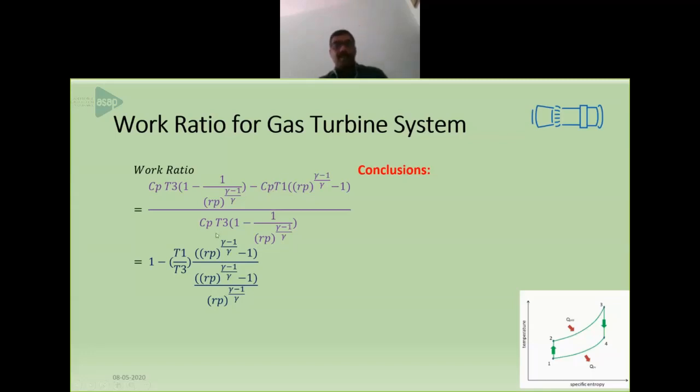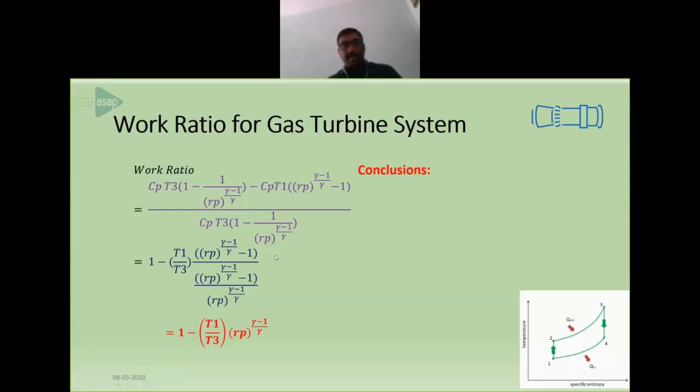So T1 by T3. In the numerator, you are having Rp, the whole raised to gamma minus 1 by gamma minus 1. And there is a mathematical manipulation, just taking the LCM, you are having Rp raised to gamma minus 1 by gamma minus 1 divided by Rp raised to gamma minus 1 by gamma. So finally, you are getting 1 minus T1 by T3.